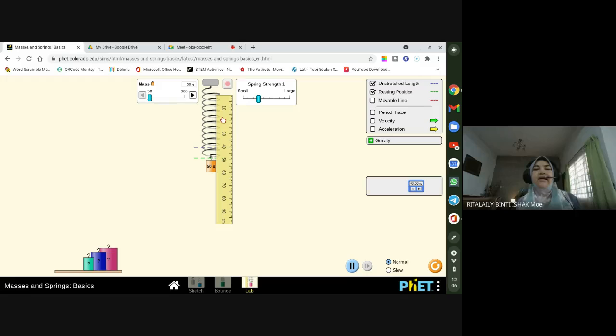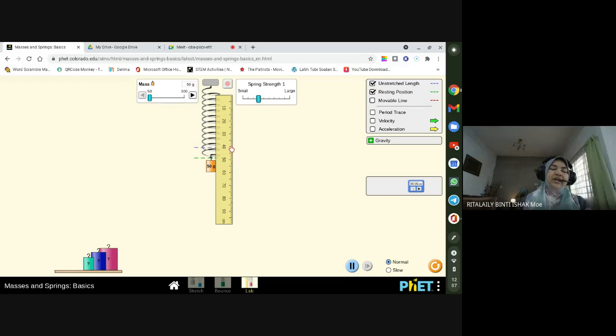If you look closely at the simulation, before we hang any mass or weight, the pointer at the spring is showing 40 centimeters. That is the initial position.